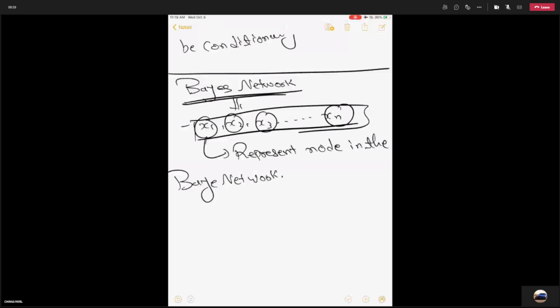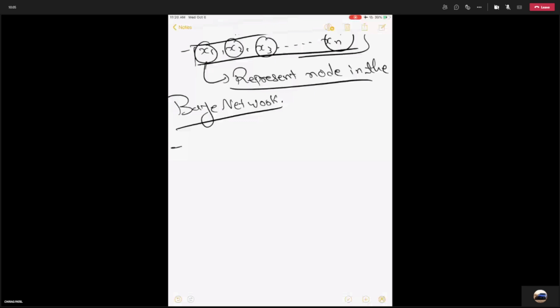Then there are arcs in the Bayesian network. These are the Bayesian components, what exactly the components used to formulate any graphical model of a Bayesian network. Then we are having arcs, basically connections between the nodes.